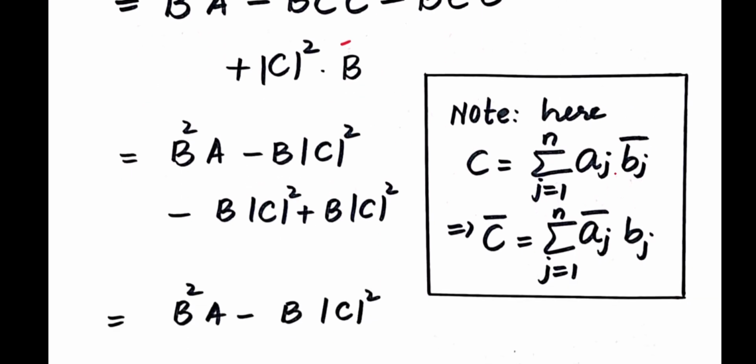I have written here, this is my C, and if you take its conjugate, then C conjugate is equal to this summation, because here A and B are complex numbers. When you take the conjugate, we have a conjugate over A, and the double conjugate over B_j becomes simply B_j.